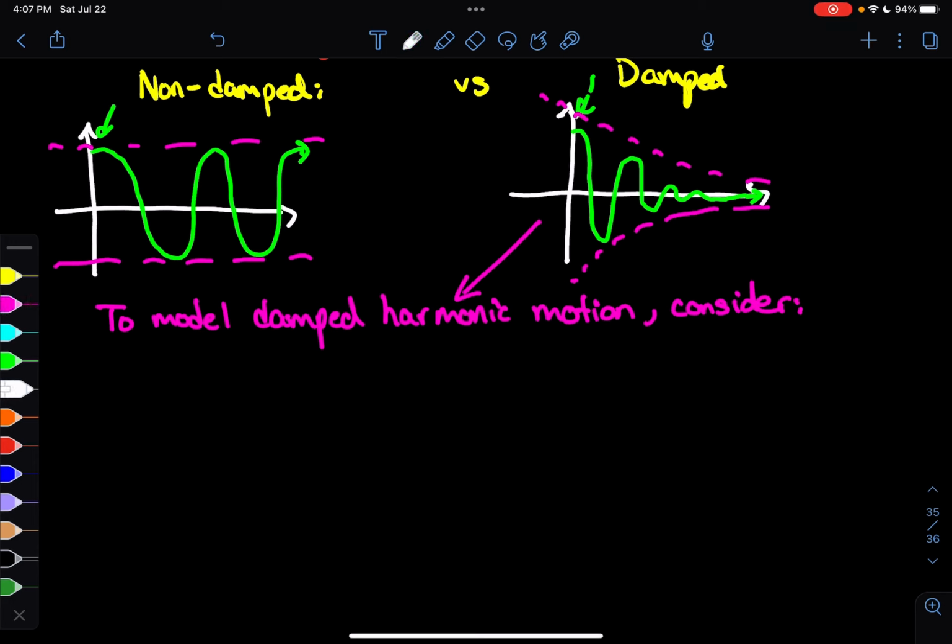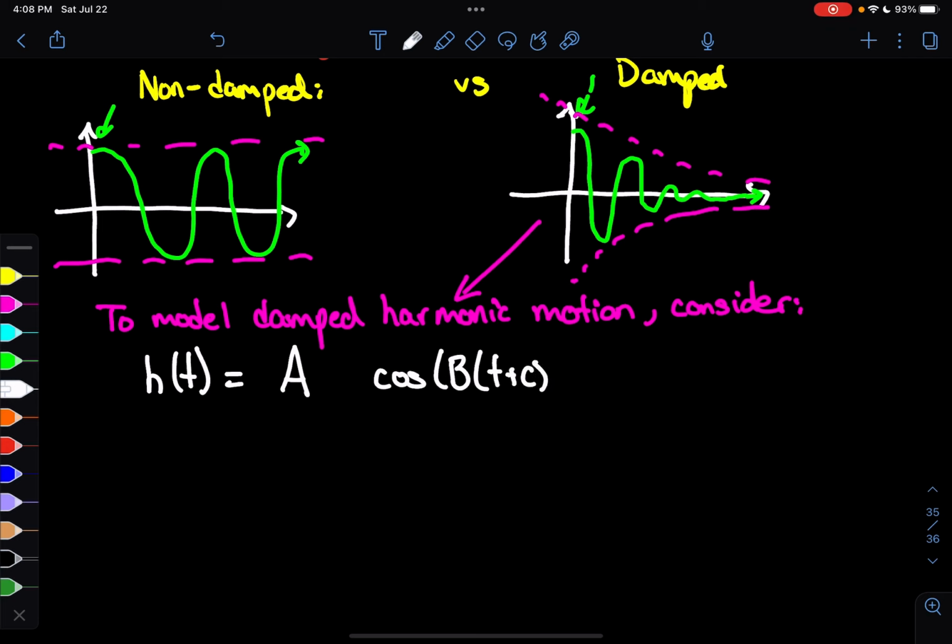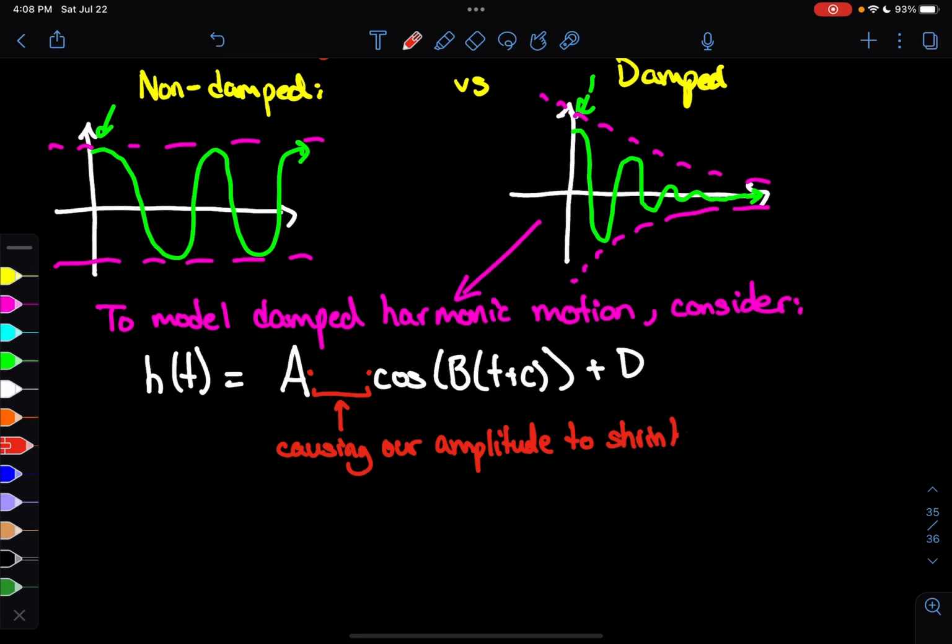So let's consider that our function that represents the height of our box is A cosine of (B times t plus C) plus D. But let's say that there's something else here that's being multiplied, something that is causing our amplitude to shrink over time.